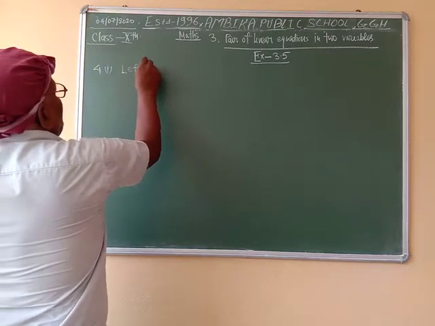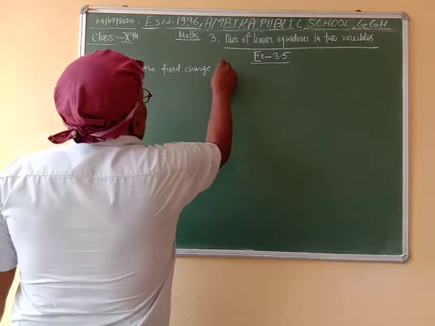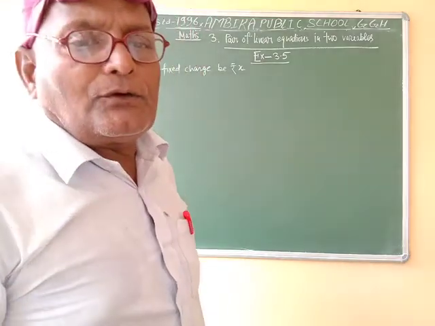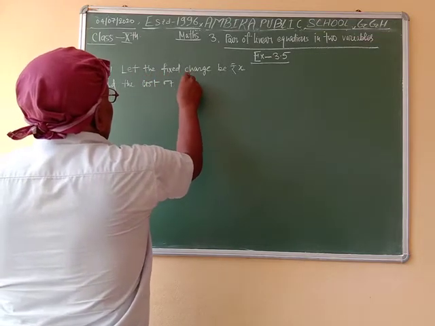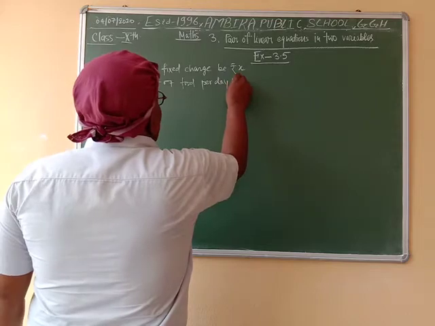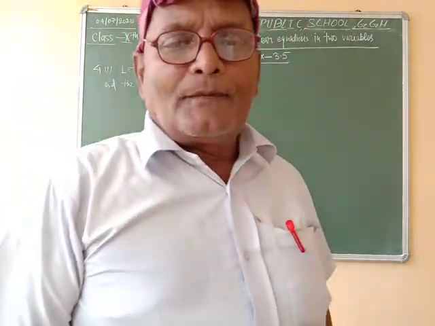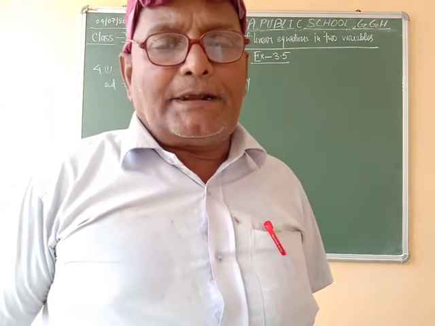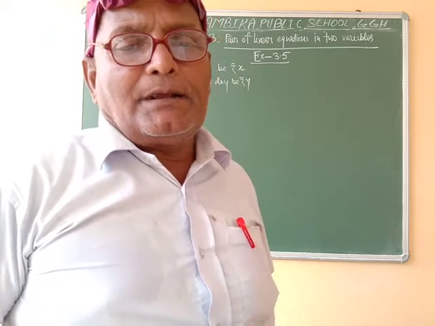Let the fixed charge be rupees X and the cost of food per day be rupees Y. According to the first condition, a part of monthly hostel charge is fixed and the remaining depends on the number of days one has taken food in the mess.